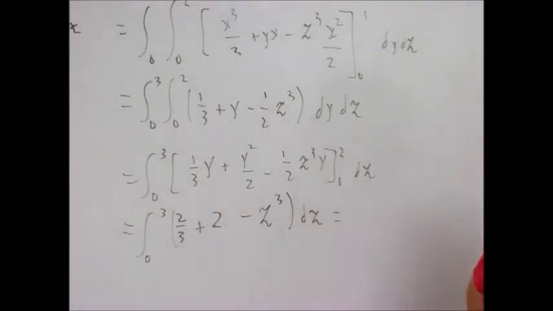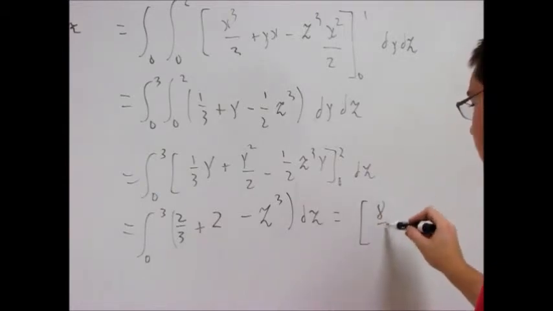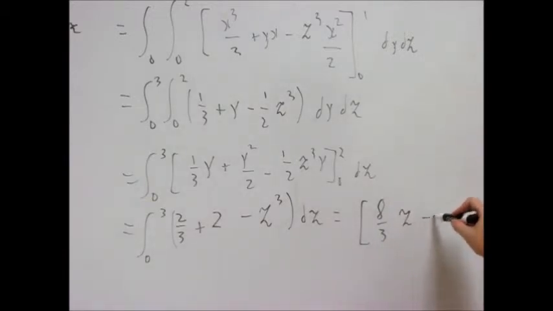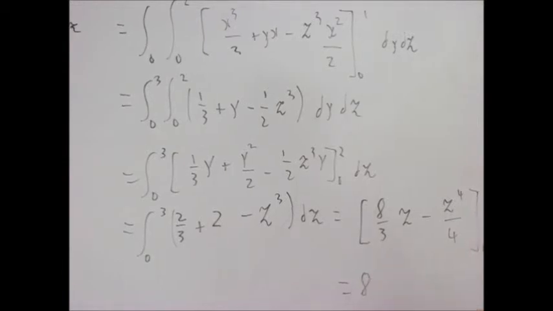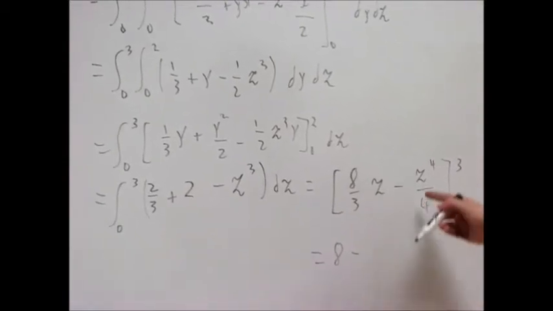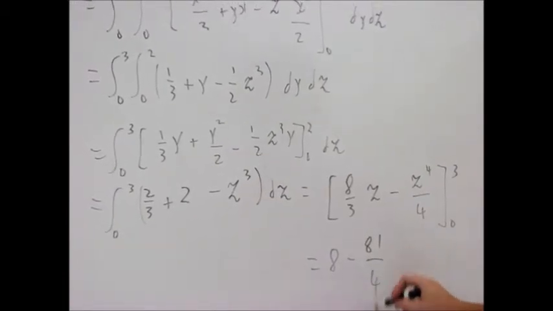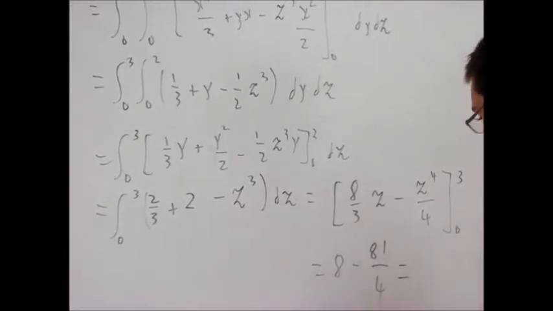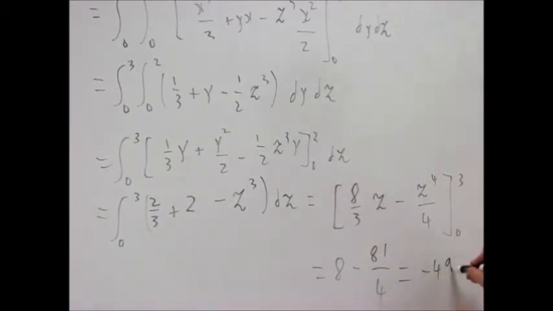And what is this? 2/3 plus 2 is 8/3. So when you integrate, it will be 8/3 z minus z to the 4th over 4 from 0 to 3, which gives you 8 minus 3 to the 4th is 81 fourths, which is negative 49 fourths.